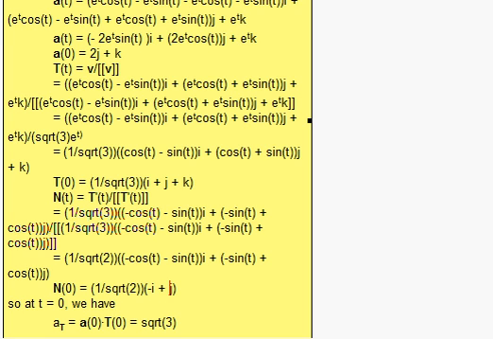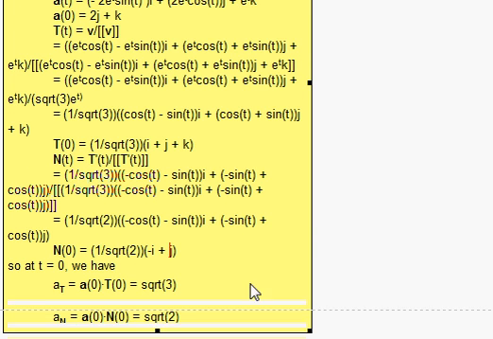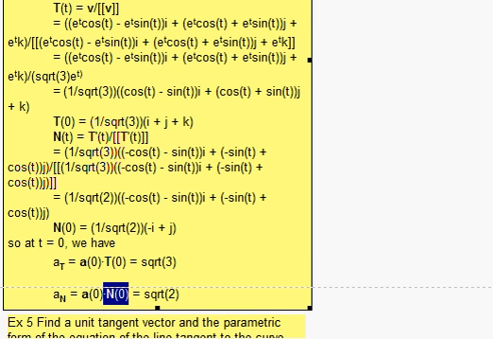And at t equals 0, we've got the tangential component is the acceleration at 0 times unit tangent vector at 0, which is square root 3. The normal component, dot product of acceleration vector at 0 dotted with normal vector at 0, and that comes out square root 2.